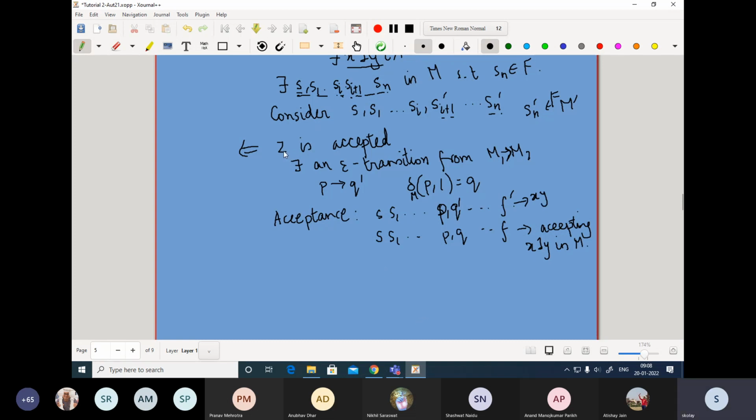So therefore, any Z that is accepted must be of the form XY such that X1Y is accepted in M. Fine?